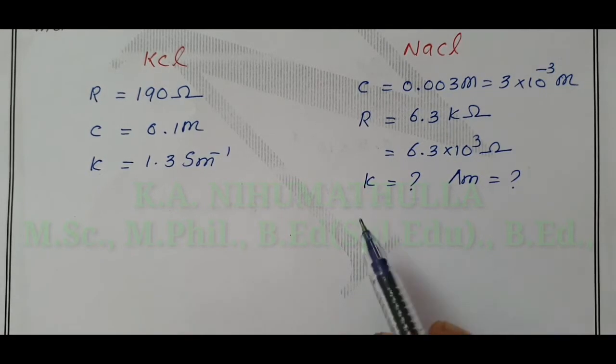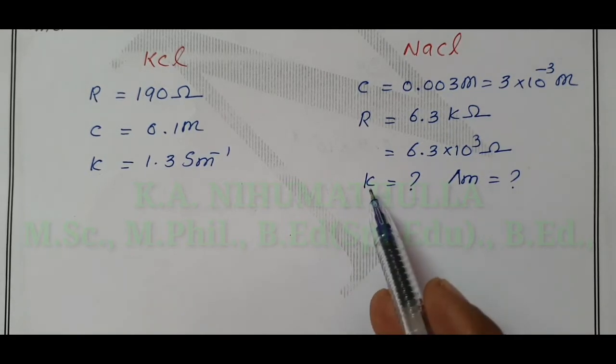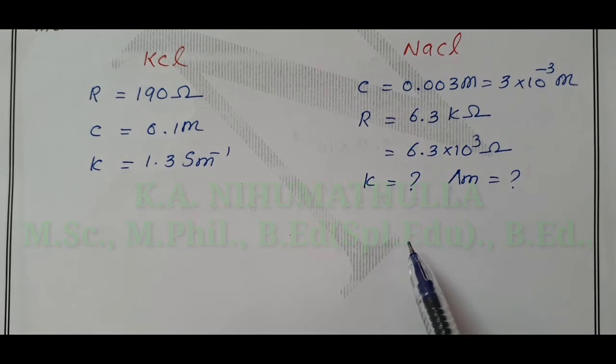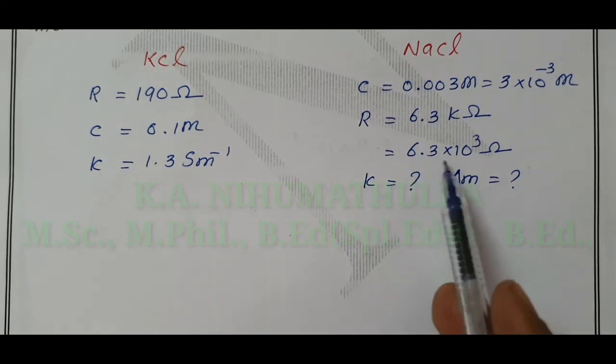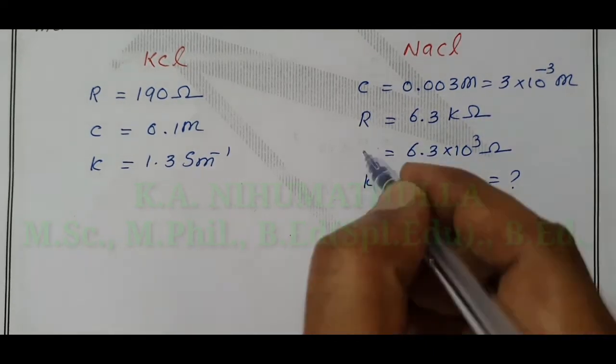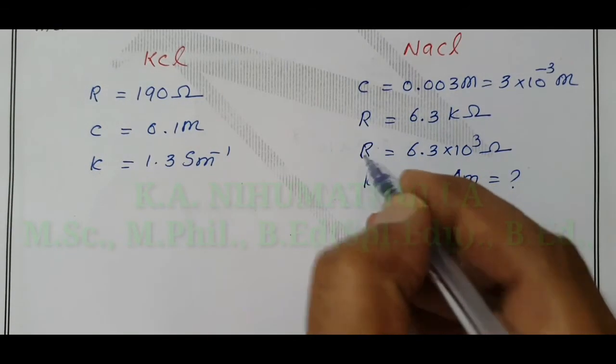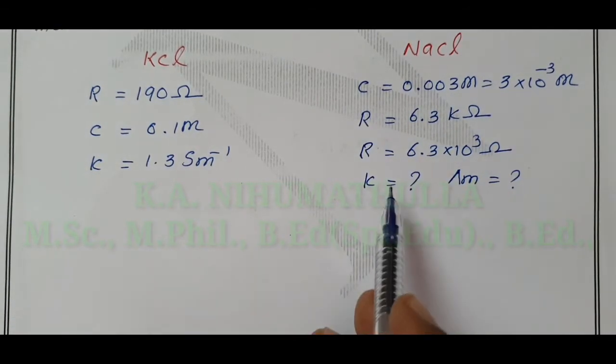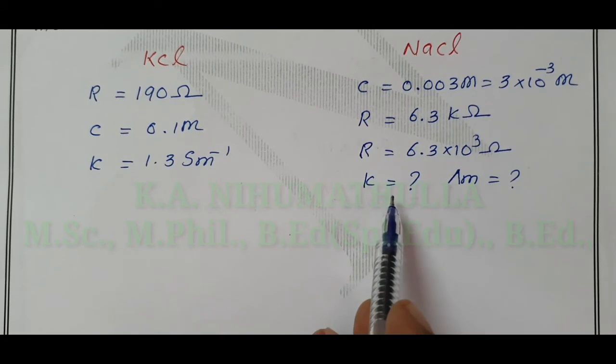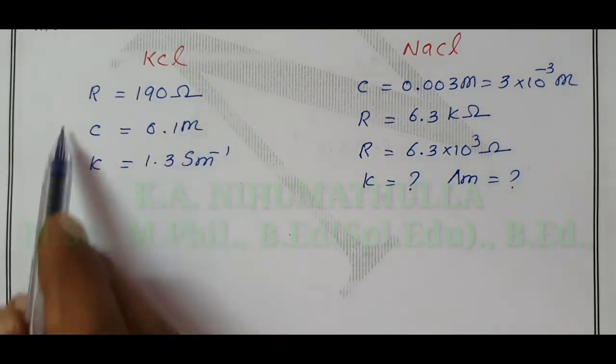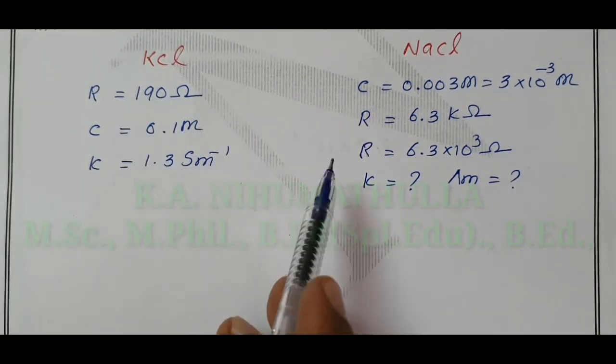The kappa formula we know: 1 by R into L by A. The R value we know, but we don't know L by A, the cell constant value. That cell constant value, L by A, can be calculated from potassium chloride.